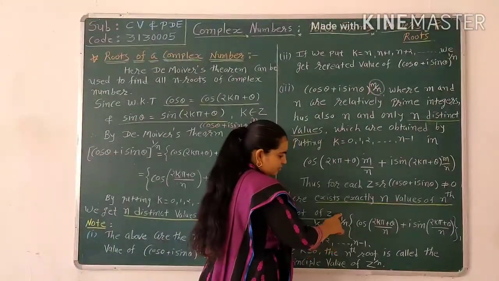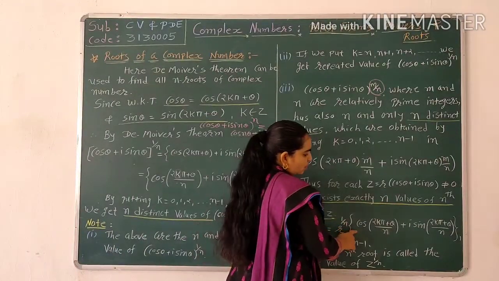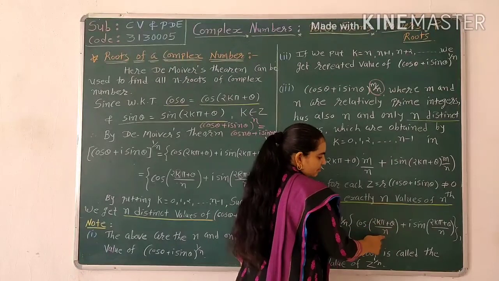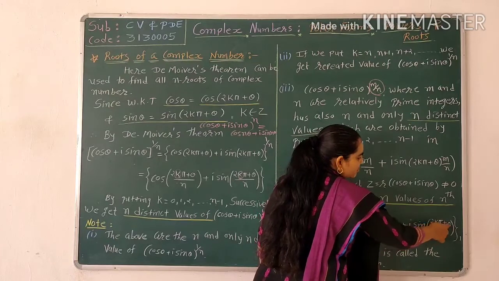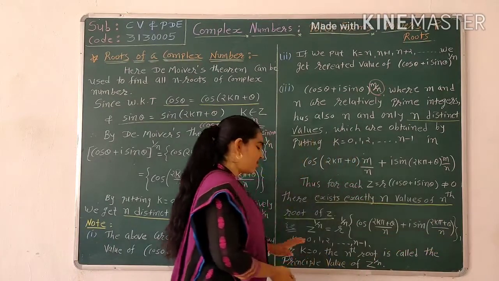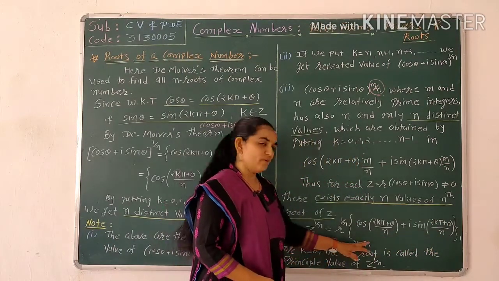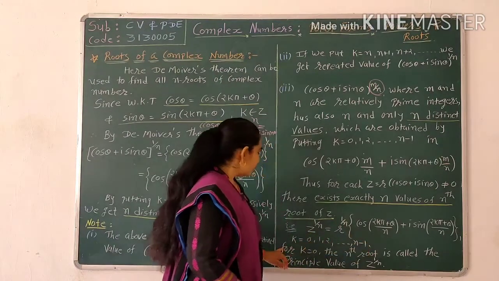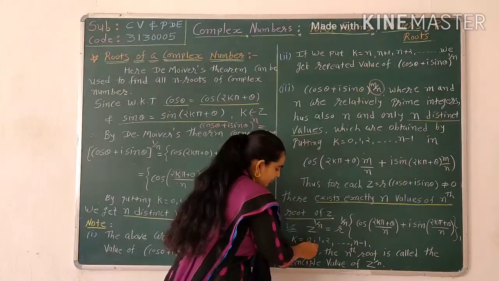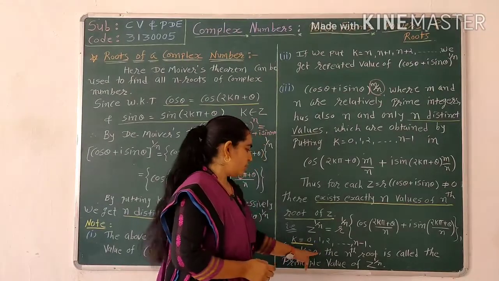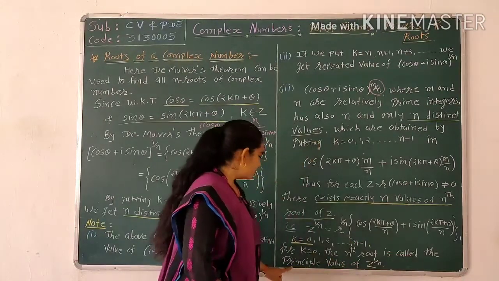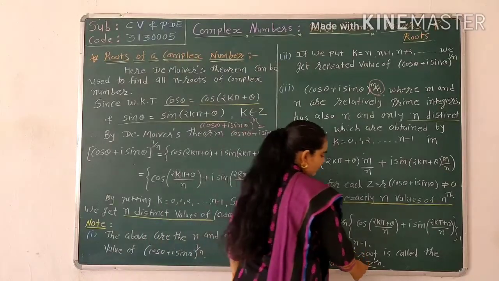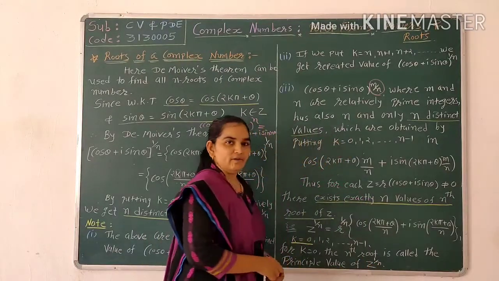Therefore, r raised to 1 upon n into (cos ((2k pi plus theta) by n) plus i sin ((2k pi plus theta) by n)), where k is equal to 0, 1, 2 up to n minus 1. For k equal to 0, the nth root is called the principal value of z raised to 1 upon n.